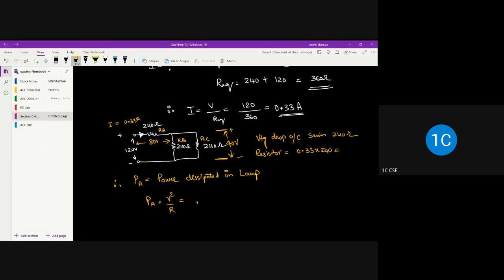It is 80. So it is 80 square divided by the resistance value, which is 240. So 80 square by 240 is 26.66 watts.